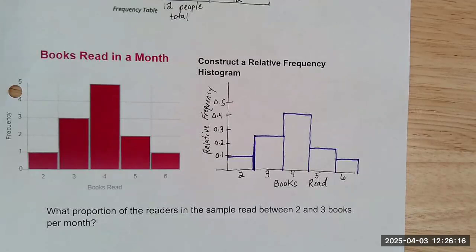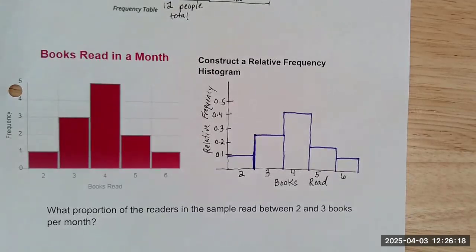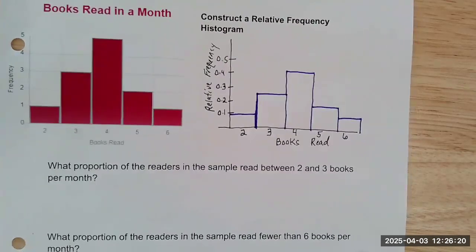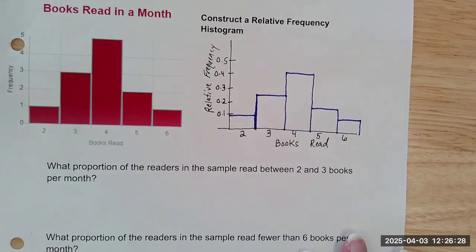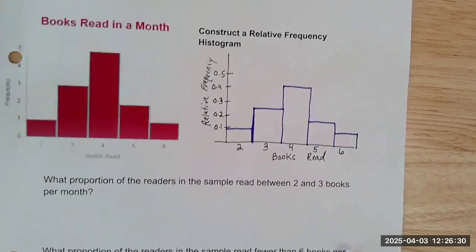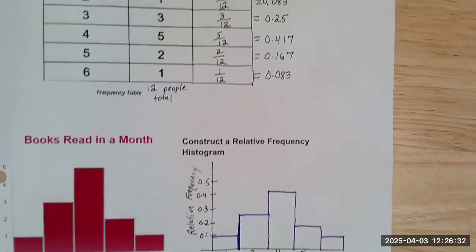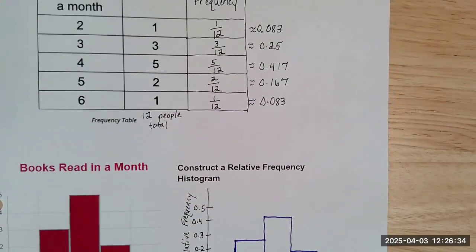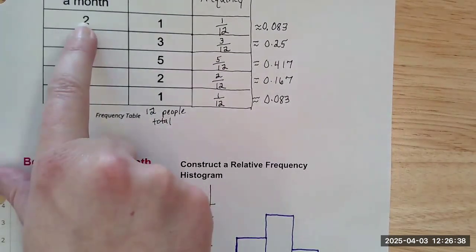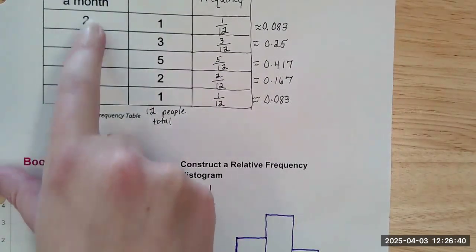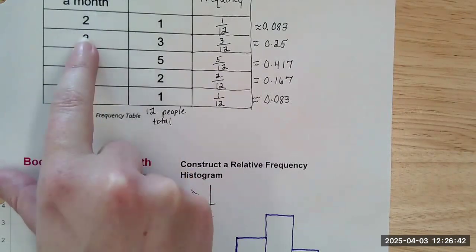We're going to use those to help us answer a couple of questions on here. What proportion of the readers in the sample read between 2 and 3 books per month? This is probably easier done from the chart than it is from the graph, just because our graph has some kind of crazy decimals on it. So between 2 books per month and 3 books per month, that's the first 2 rows here.